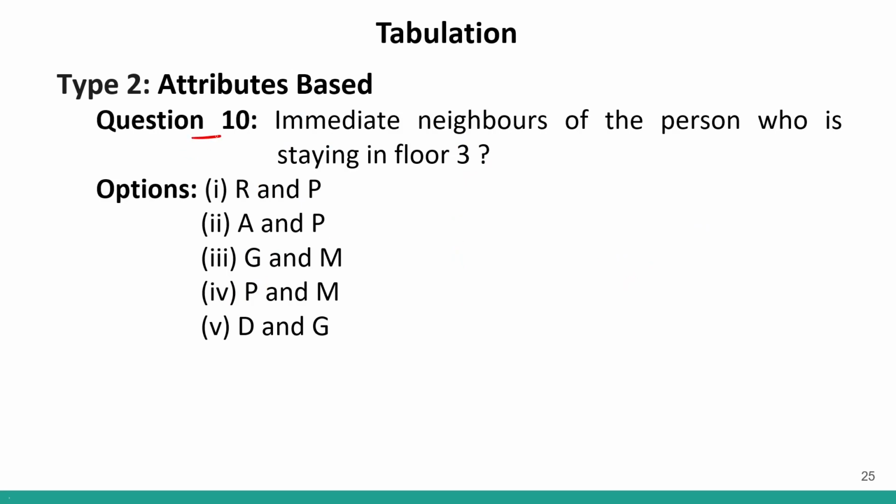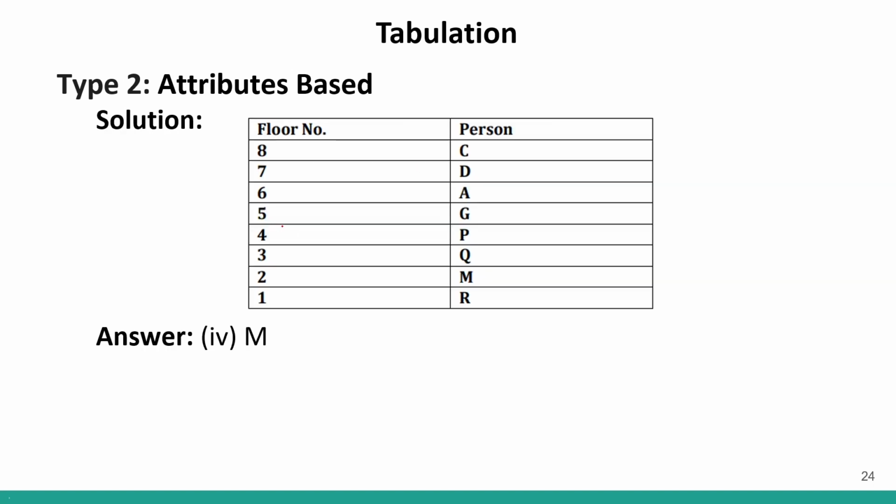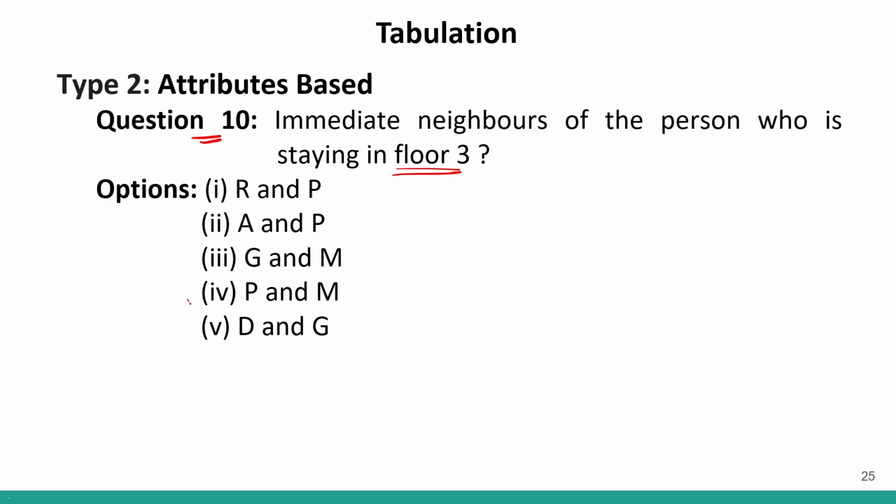Now, question 10 asks the immediate neighbors of the person who is staying on floor 3. So floor 3, who is living? Let us look at the arrangement. On floor 3 we have Q. So immediate neighbors are P and M. So immediate neighbors of Q are P and M. If I look at the options, option number 4 says P and M. They are the immediate neighbors of Q. Correct?